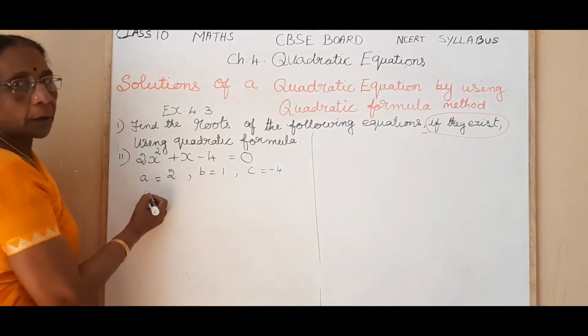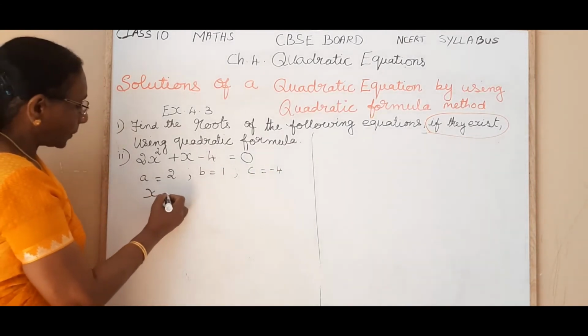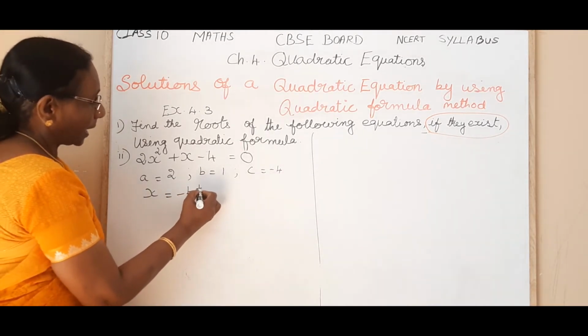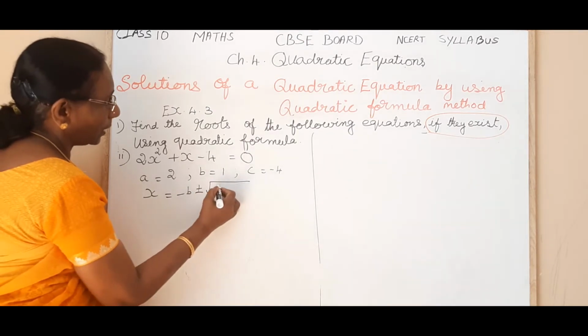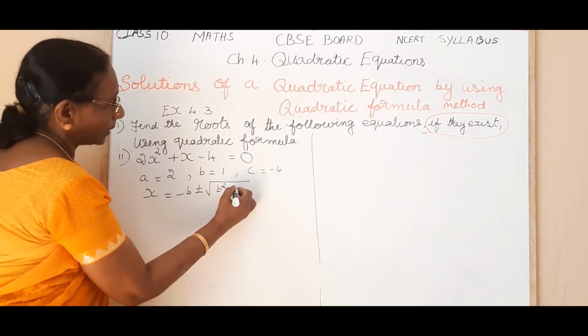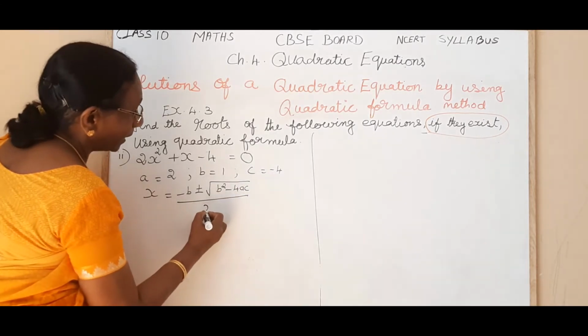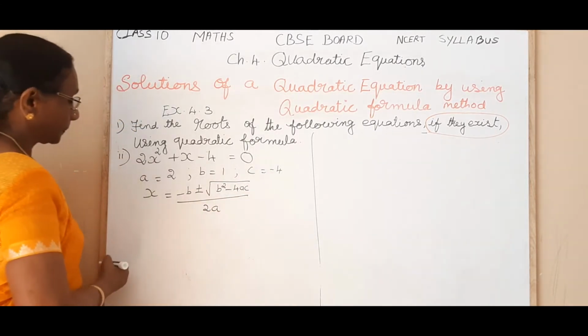Second step, you have to write the formula. What is the formula? x is equal to minus b plus or minus root of b square minus 4ac the whole by 2a.